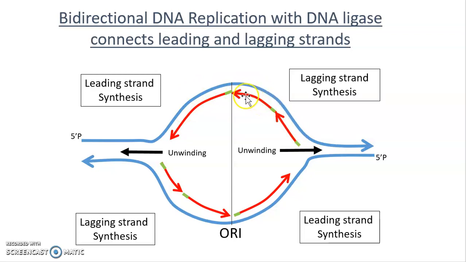Your DNA polymerase 3 is adding your bases to your RNA primer in green right there. This is going to run into right there. And now your DNA polymerase 1 can come in, chop out your RNA primer, and go ahead and fill in the gap, and DNA ligase will attach these two pieces of that new strand of DNA. So effectively, your lagging strand runs into the leading strand, and then those two things are connected together with your DNA ligase. And it happens on both sides.